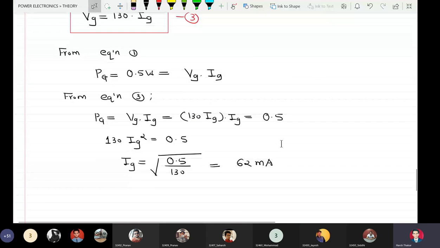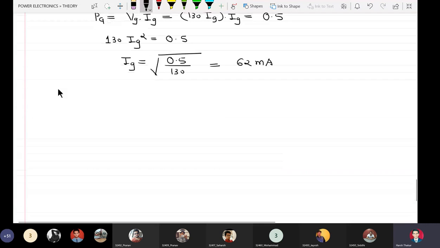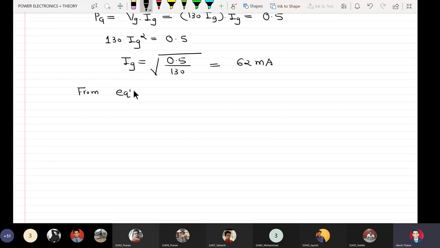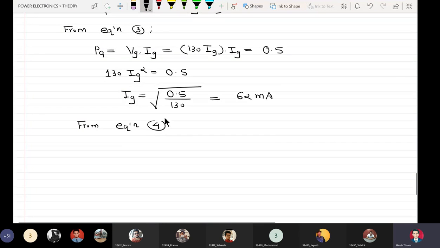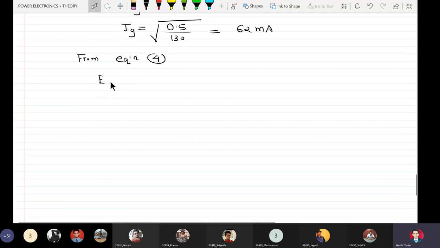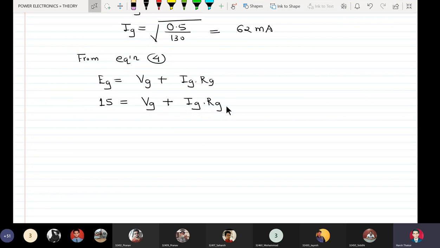Now from equation number 4, I know that Eg is equal to Vg plus Ig Rg, but I know that Eg is equal to 15 volts, so I have 15 equal to Vg plus Ig into Rg.